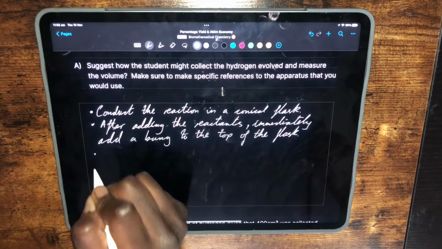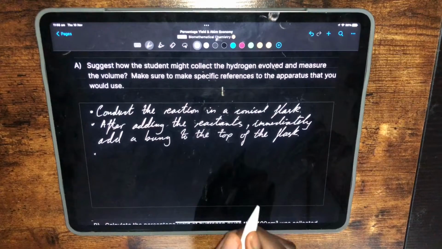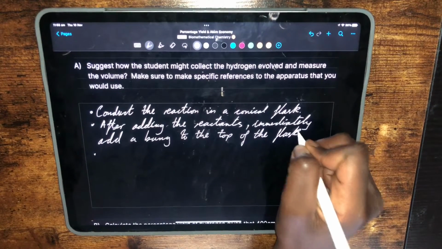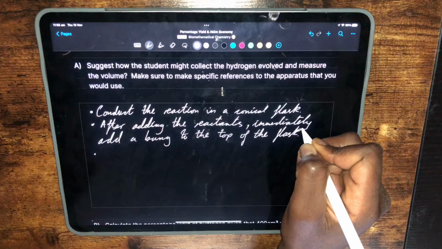If you can't read my handwriting, I'm just doing this quickly.